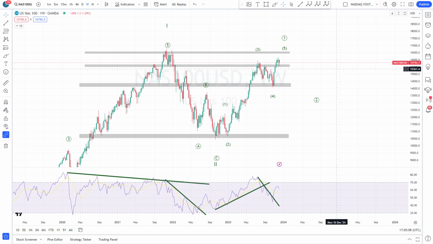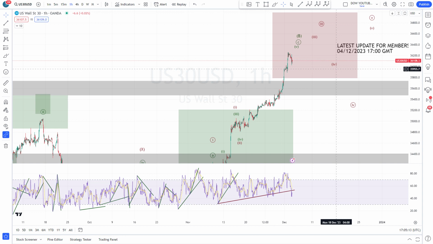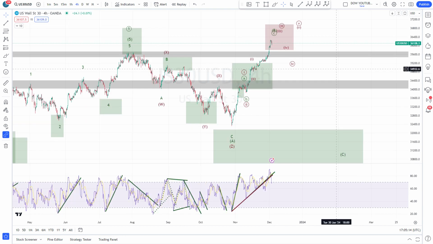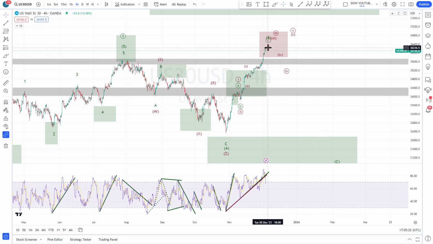So I think the best thing to do now in the Dow Jones is only to look here at the higher time frame, starting with the 4 hour. If it stays like this, if we start to pull back from here, maybe a marginal new high, this I cannot exclude.